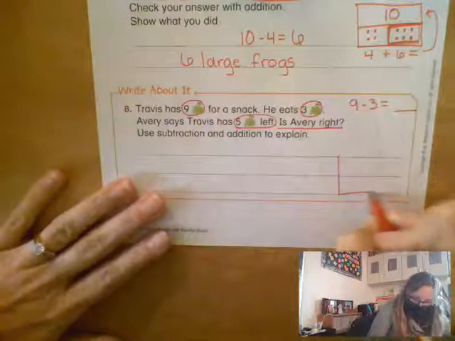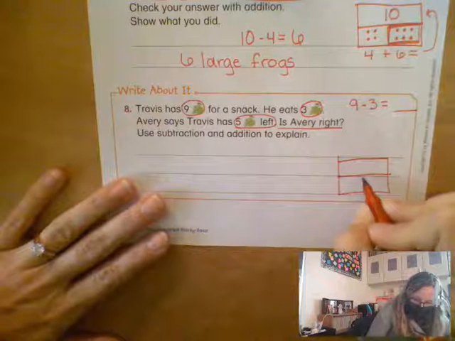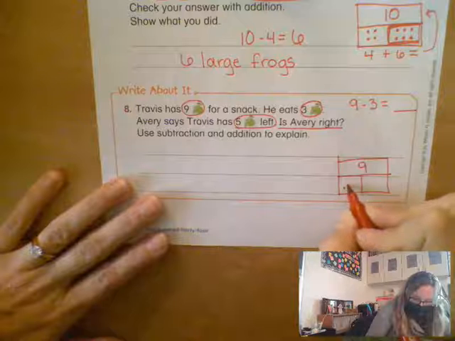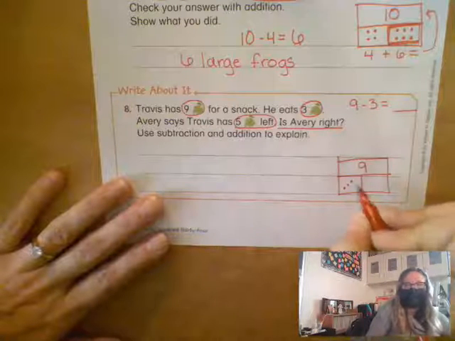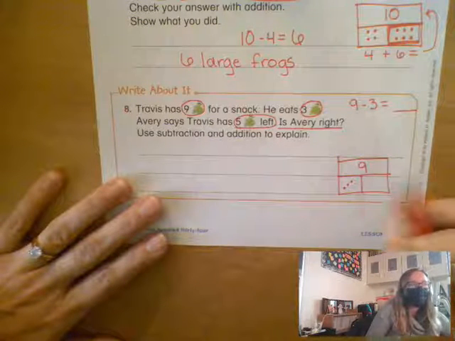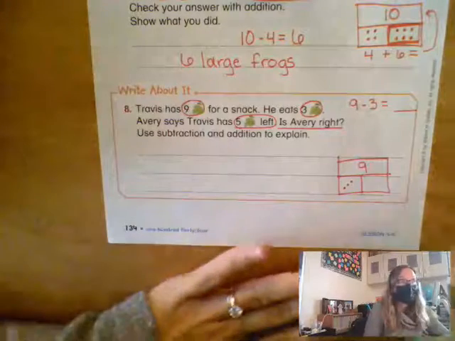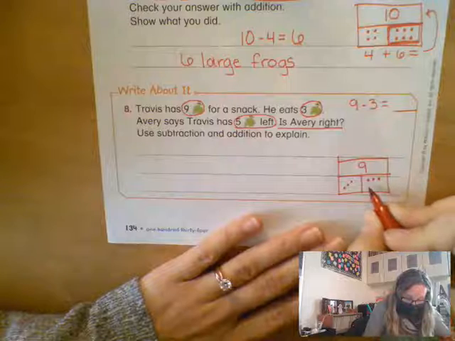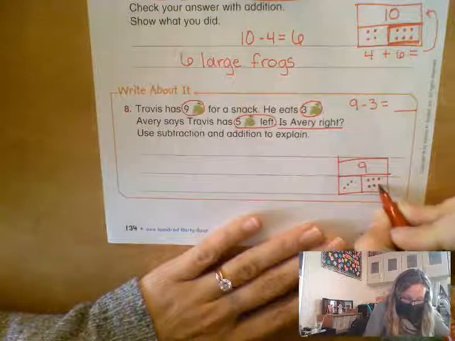Here's my part whole addition box. Altogether there were 9 and he ate 1, 2, 3. So the other part will go here. We've already got 3, so let's count. 4, 5, 6, 7, 8, 9.